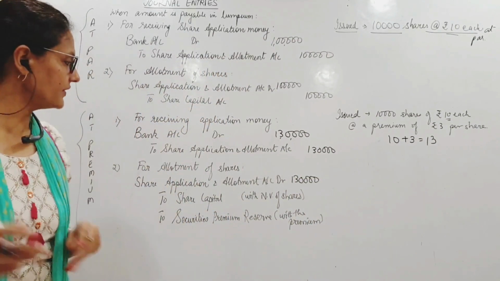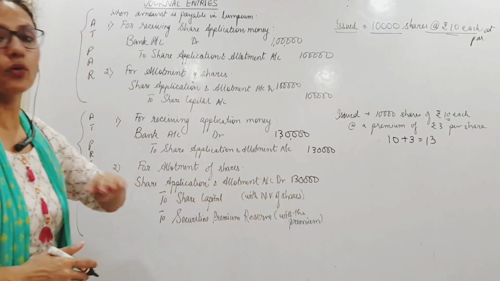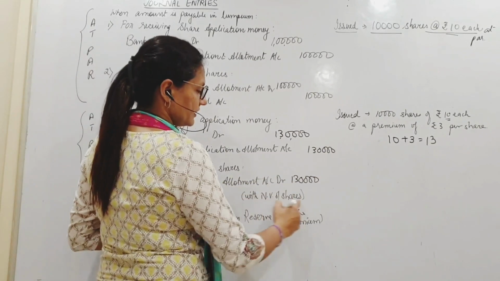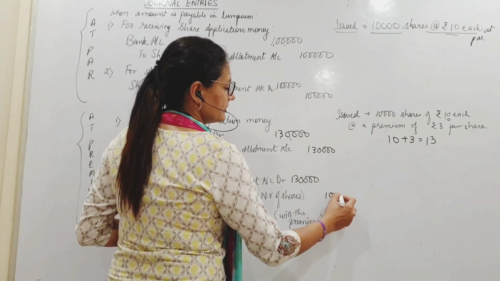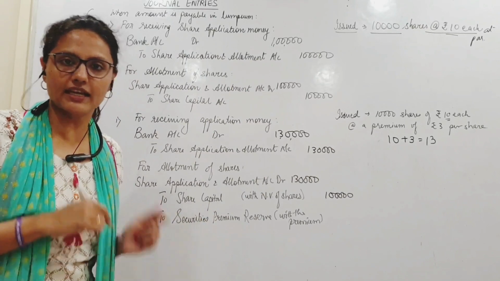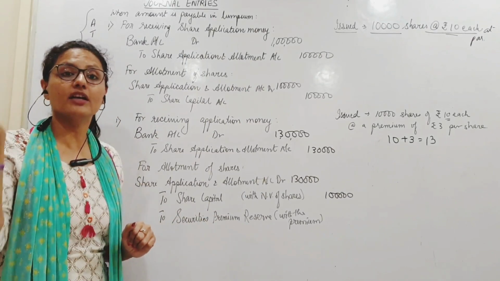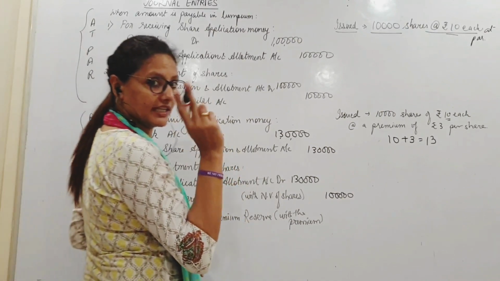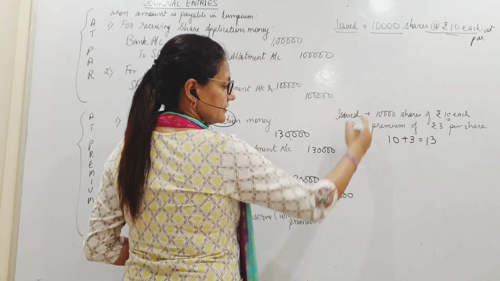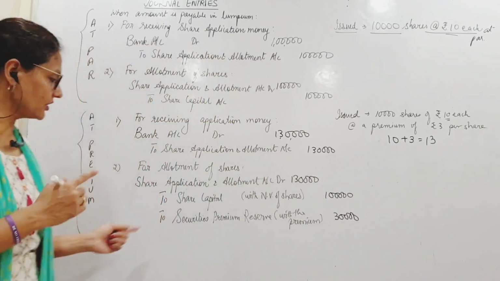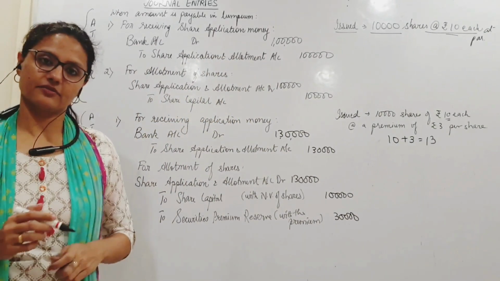Out of this, I have received only 1 lakh for share capital, meaning the nominal value. So 10,000 shares into 10, 1 lakh rupees is because of the share capital. This is the value of the shares I have sold. But the gain will be transferred. This is 3 rupees per share, 3 rupees into 10,000. 30,000 will be credited to securities premium reserve.